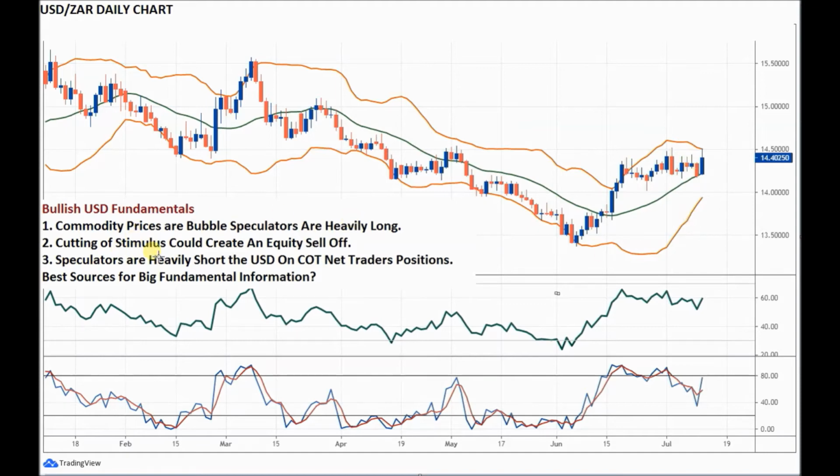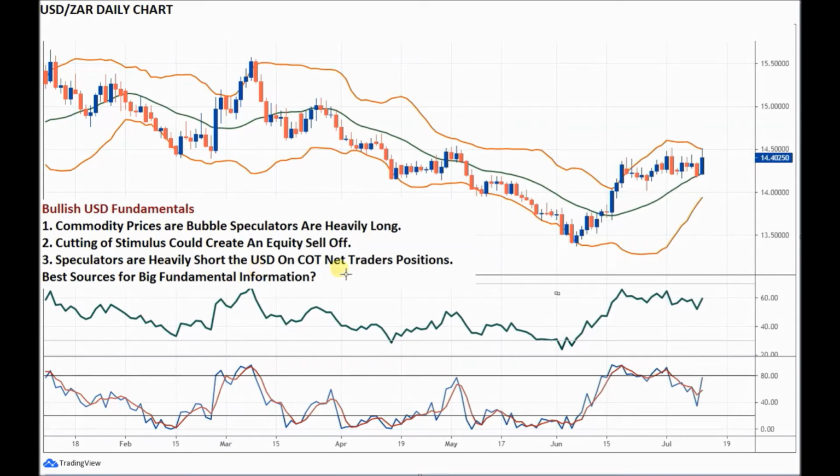Now, obviously, we're talking about the Fed cutting stimulus. That could create a general equity sell-off. If we get an equity sell-off, it means risk off, USD safe haven. The USD will gain, so that would be an additional factor that could come into play. Also, if we look at speculators, they're heavily short the USD against the rand.